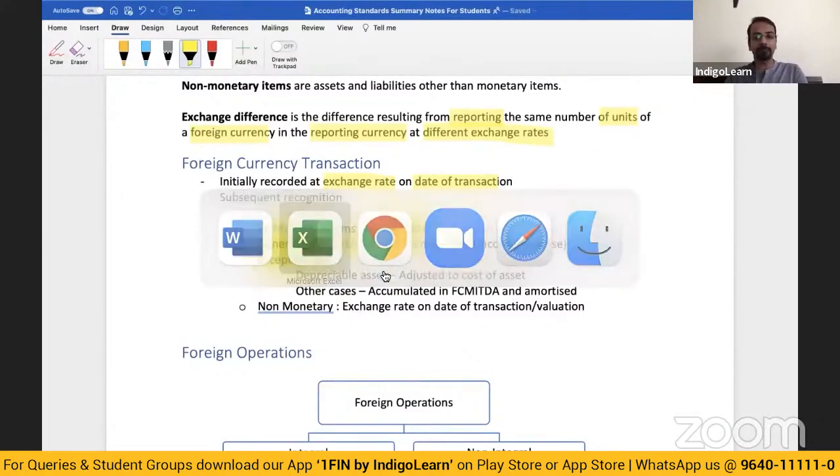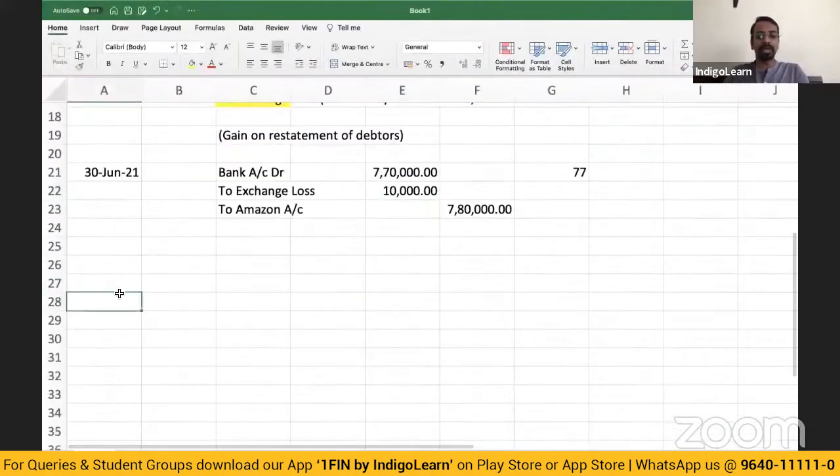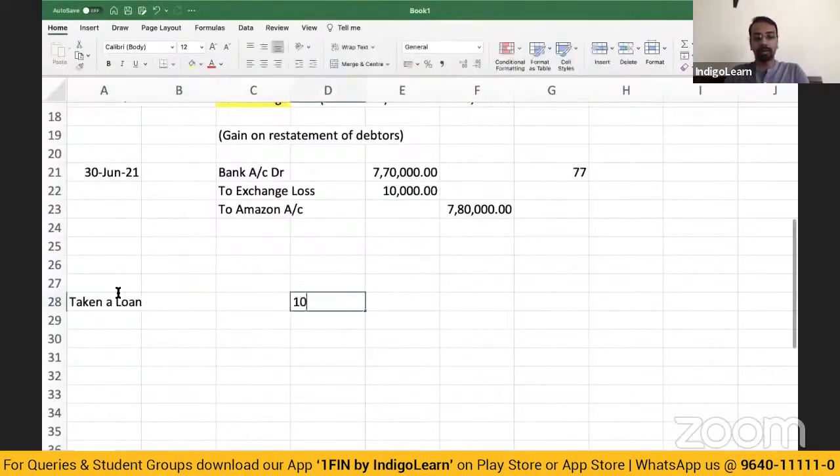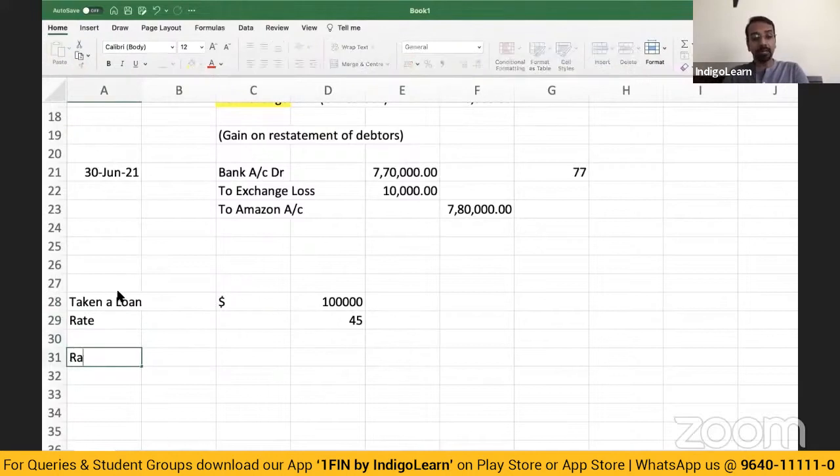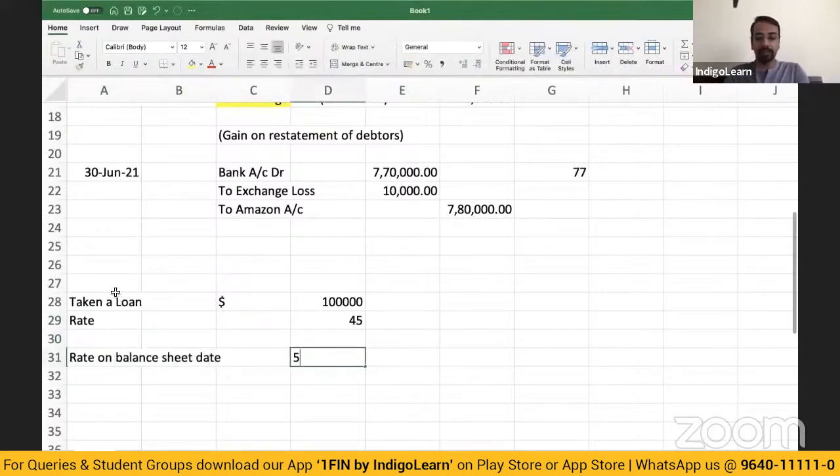So what does that mean? Say for example, a company has taken a loan of $100,000. Rate when the loan was taken was, let us say, 45, and rate on balance sheet date is, let us say, 50.